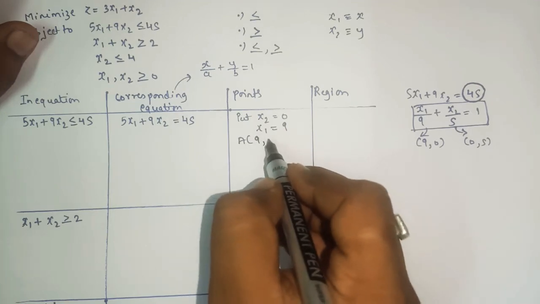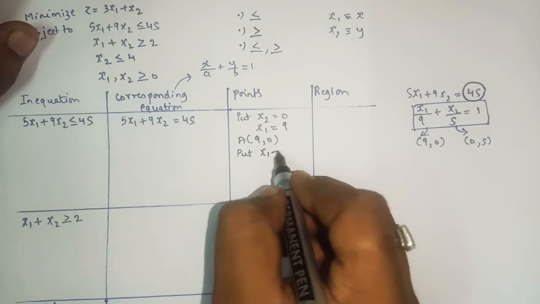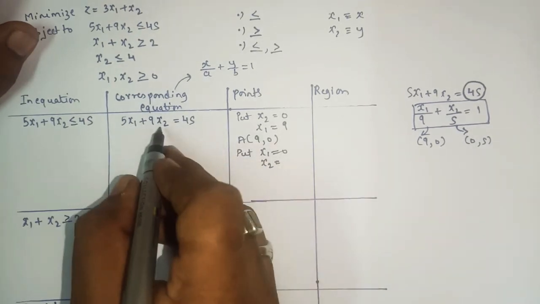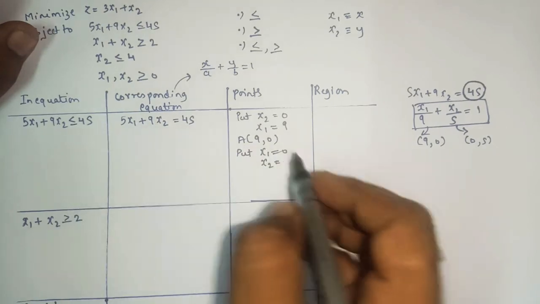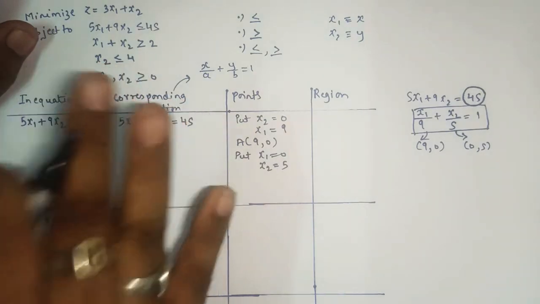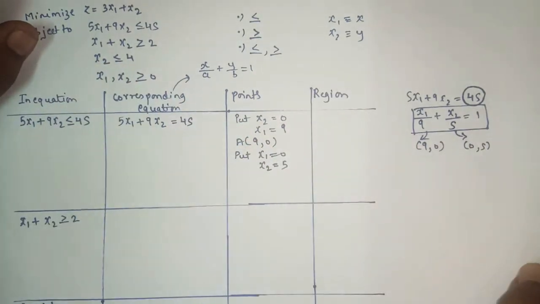First x1 will come and then x2. In the second case we'll put x1 as 0, so x2 will be 9 will go down, so here it will be 5.